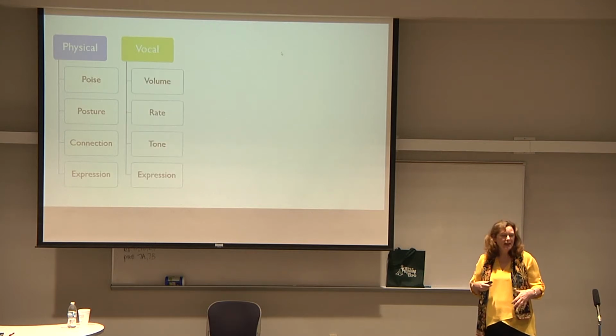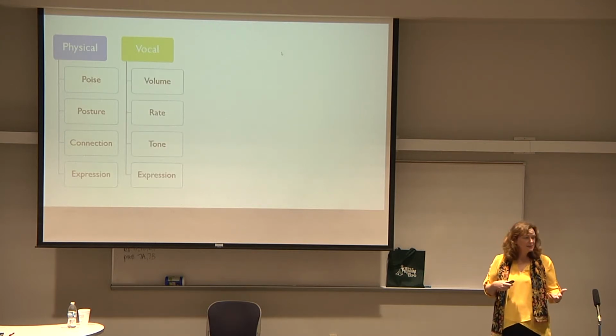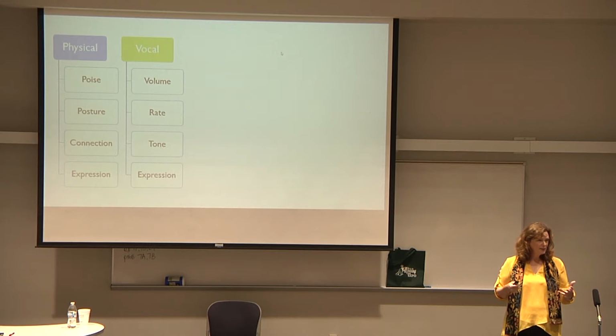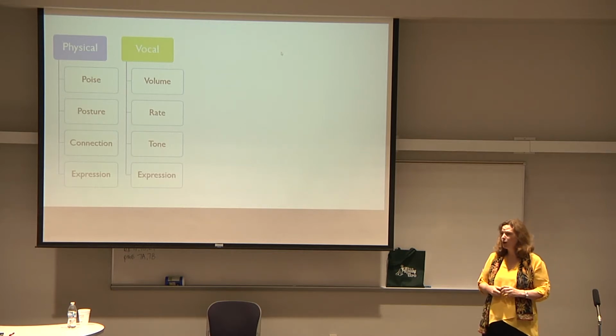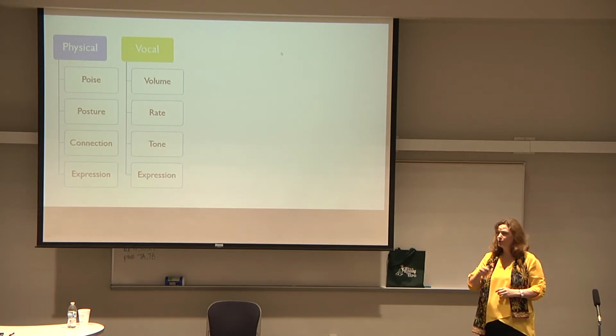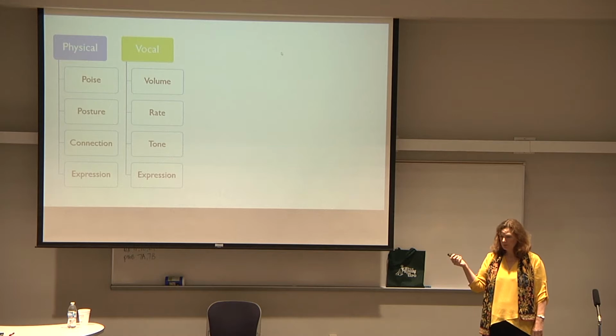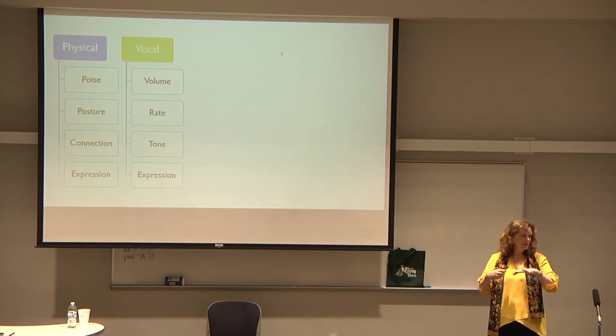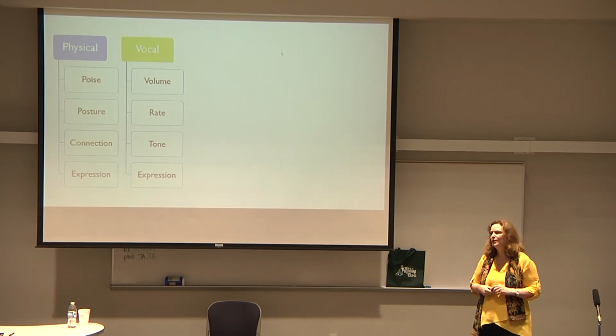Vocalics go toward rate and volume and sincere tone, all of these types of things. They need to speak at a slower rate than normal, and they need to speak much more loudly than normal in order to reach the back of the room. Also, are they expressive or monotone? I never tell someone they're monotone.